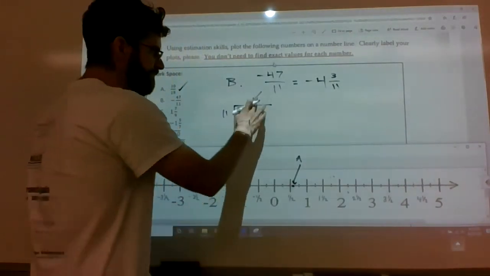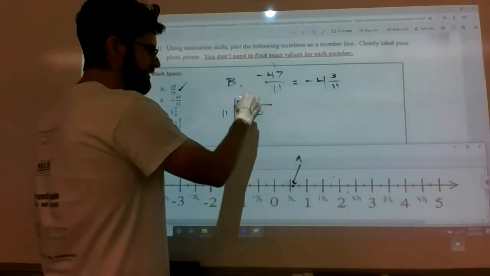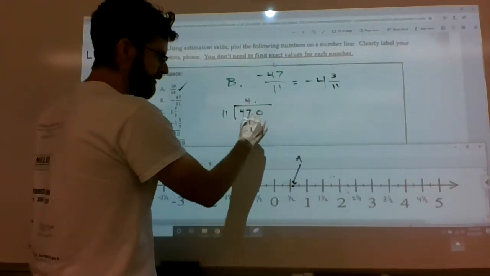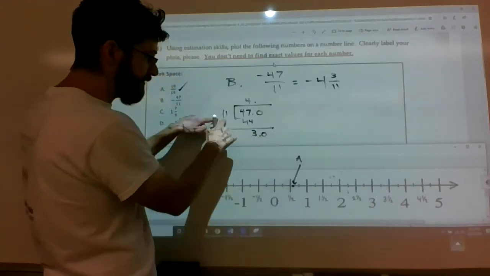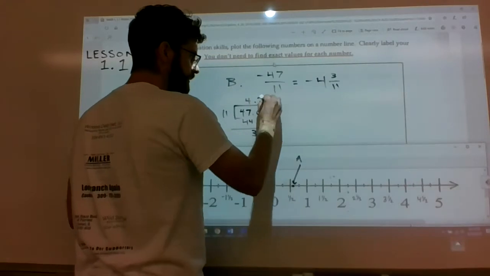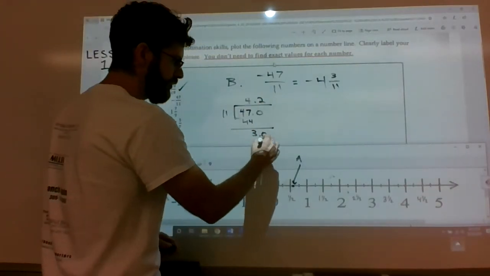So here, 11 goes into 47 4 times. We already knew that. 4 times 11 is 44. You subtract, 3 difference, 30. 11 goes into 30 almost 3 times, but not quite. So there's a 2 there. 2 times 11 is 22.